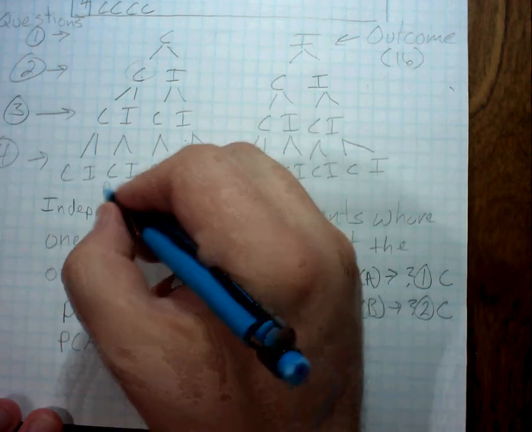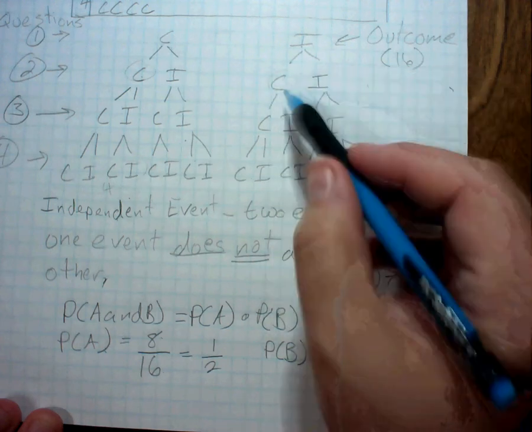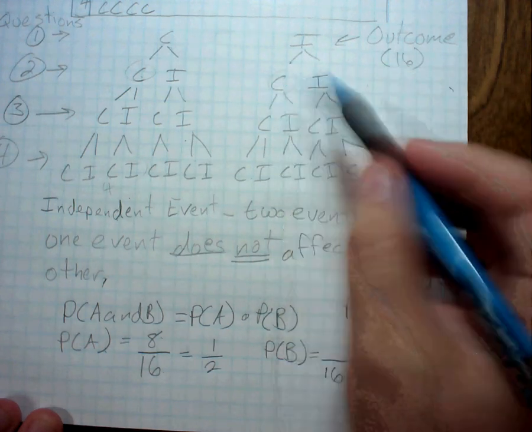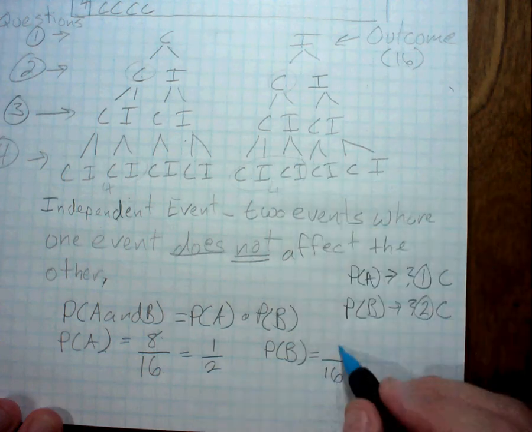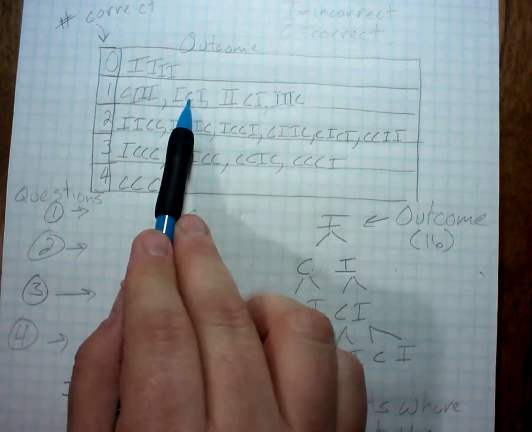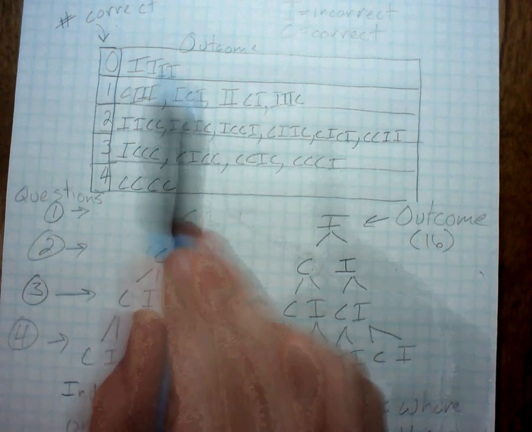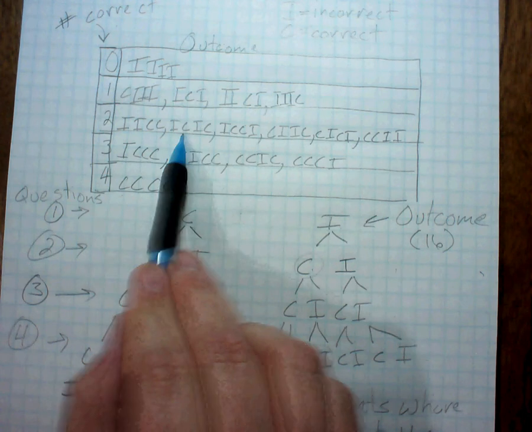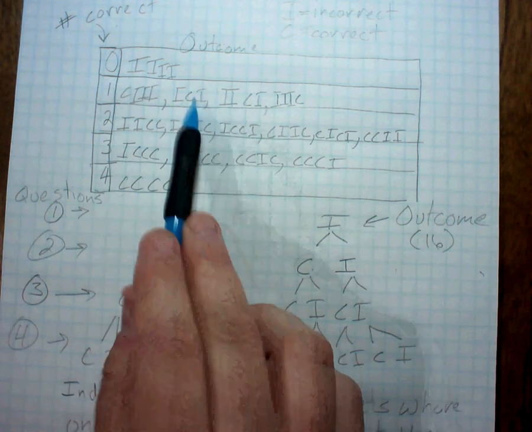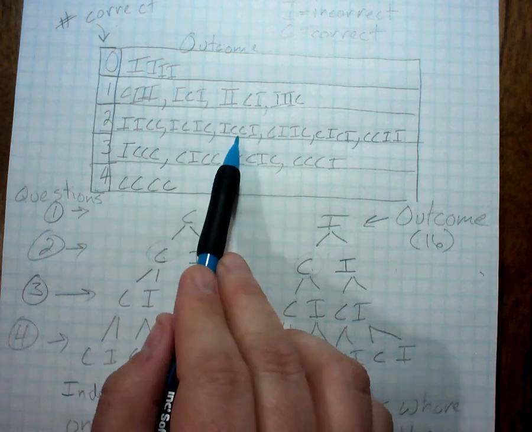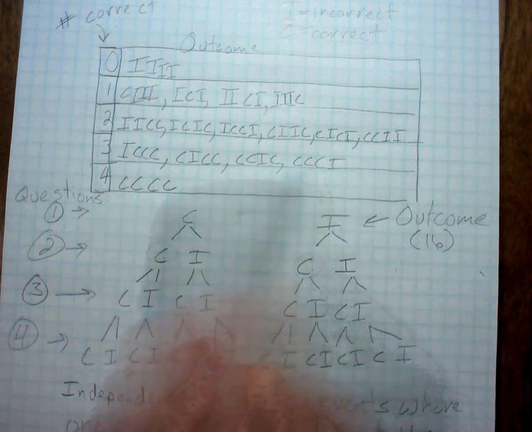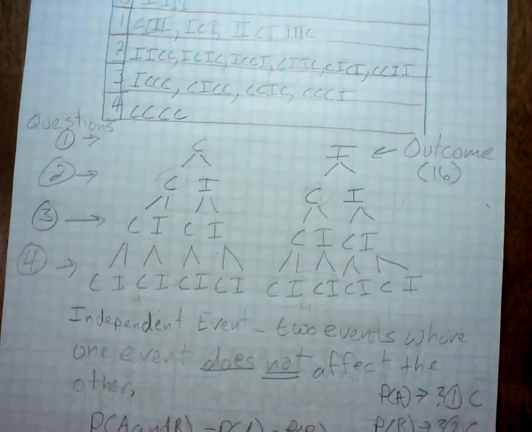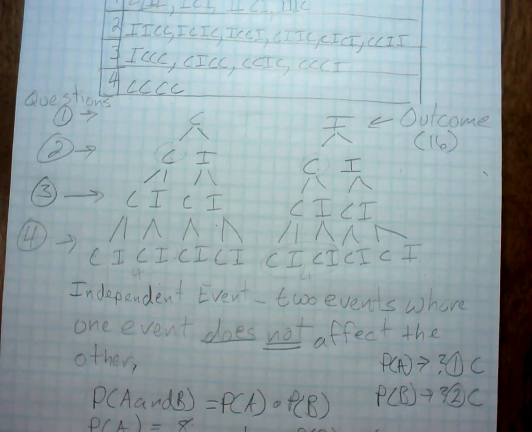So there's 4 here that would branch out, and that would be 8. Another way is to go through and say, here's one where the second question is correct, here's another. I could count those 1, 2, 3, 4, 5, 6, 7, 8. That reduces down to 1/2.